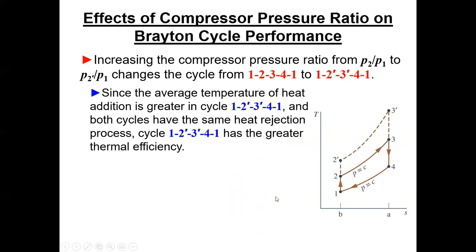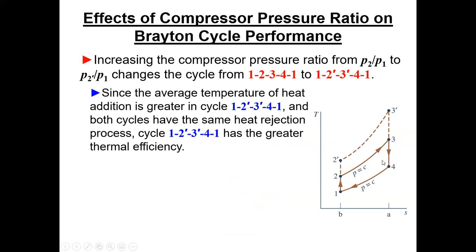Okay, so what can you say? The heat is added here from 2 to 3, or from 2 prime to 3 prime. So it's obvious that at the higher pressure, the average temperature during the heat addition is going to be greater.